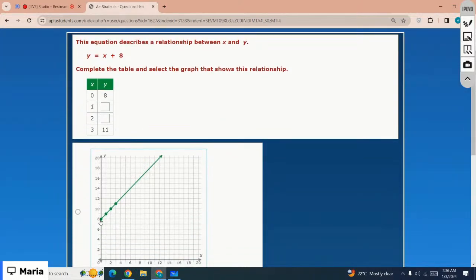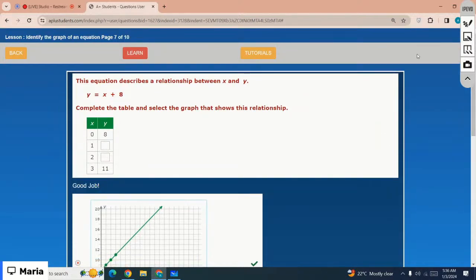X is 0, y is 8. X is 1, y is 9. X is 2, y is 10. So option number 1 is the correct option.